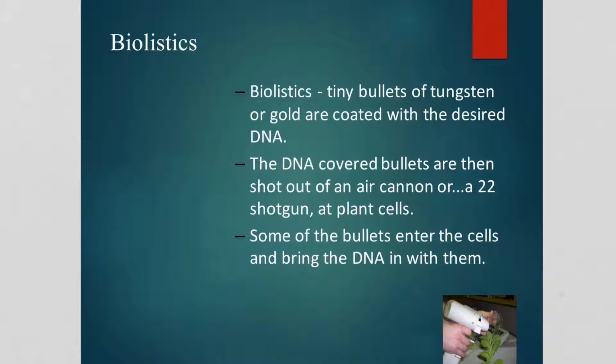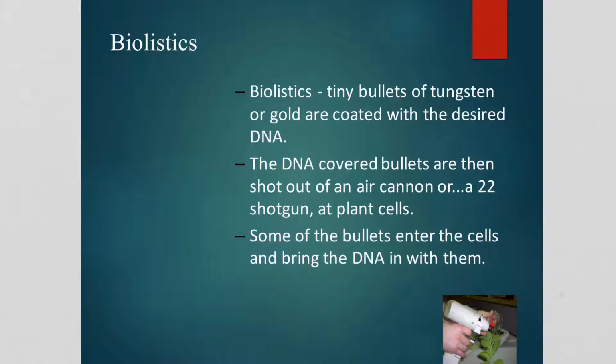And then the last method of getting DNA inside a cell that I'm going to talk about, and probably the most interesting way, is something called ballistics, which is when scientists use these tiny balls or bullets of tungsten or gold, and they coat those balls with the DNA that they're trying to insert into a cell. And then with these DNA-covered bullets, they shoot these bullets out of an air cannon, or actually in the past they used to use a shotgun to do this.